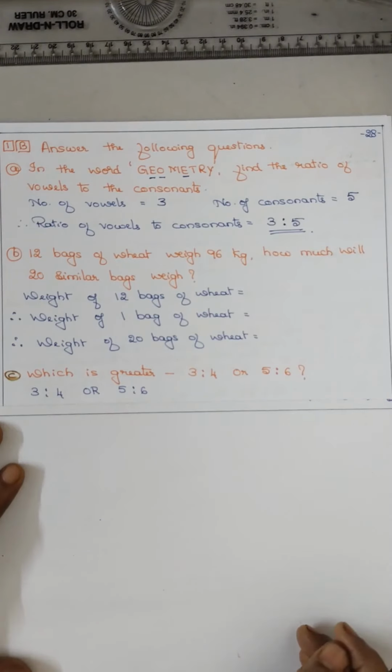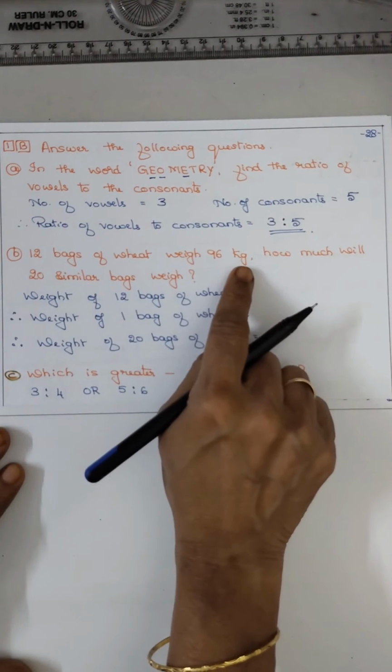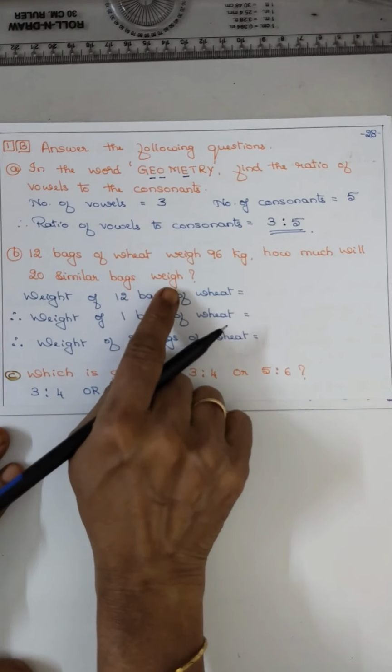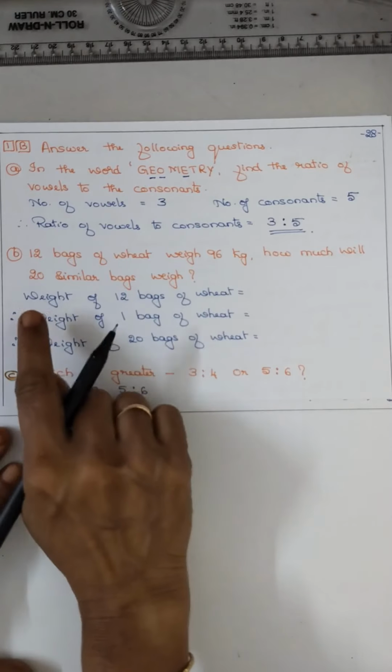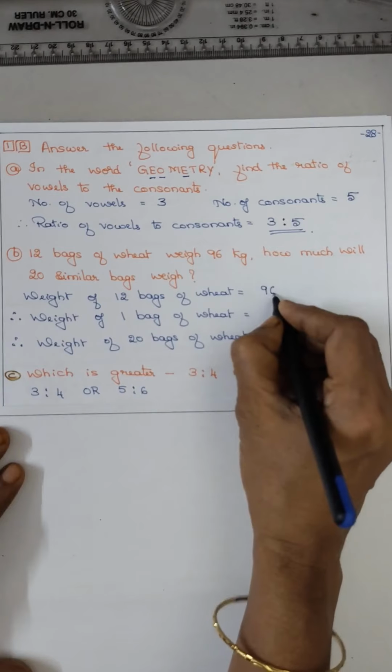objective papers, isn't it? 12 bags of wheat weigh 96 kg. How much will 20 similar bags weigh? Unitary method, worksheet 3. Weight of 12 bags कितना दिया है? 96 kg.